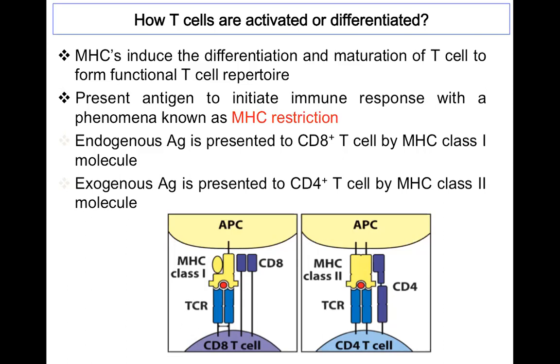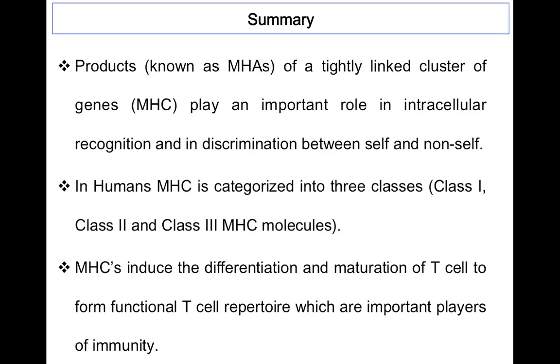It means MHC class 2 molecules present exogenous antigens. And MHC class 1 presents endogenous antigens. Of course, we will talk about it in detail in our next lecture. But just for understanding, endogenous means from within the body, like some metabolic reaction products, and exogenous means external particles, which might be virus particles or some other particles. So this is the whole story.